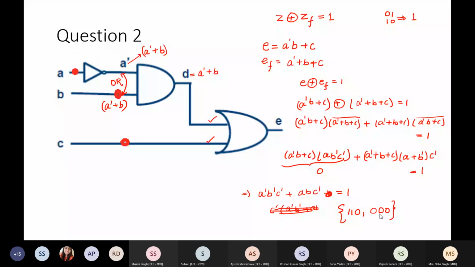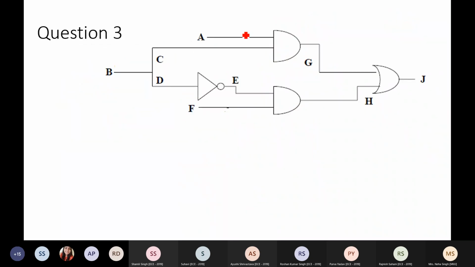Look at the third question. You have to determine the test pattern to detect the AND bridging fault between wire A and C. An AND bridging fault means the value at this wire is no more A but A · C. Similarly, the wire here will give you the value A · C. Find the expression of J without this fault, taking the values as A and C independently.